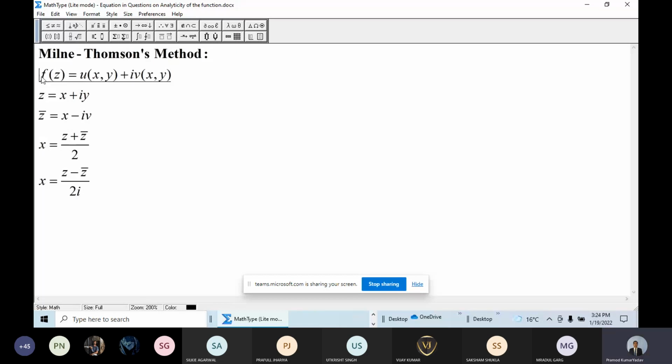So what is going to happen? It means this f(z) is equal to u, where x is (z plus z bar) by 2, and in place of y we'll write (z minus z bar) by 2i.